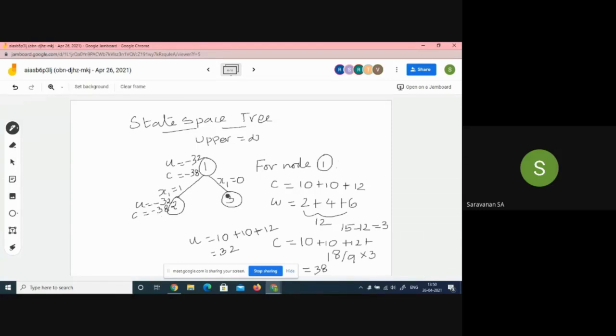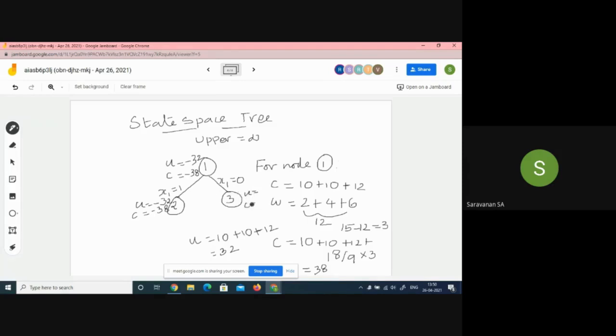Because if I am not including x1, what will happen? Some cost will be reduced, right? So what is the value for that node for U and C?